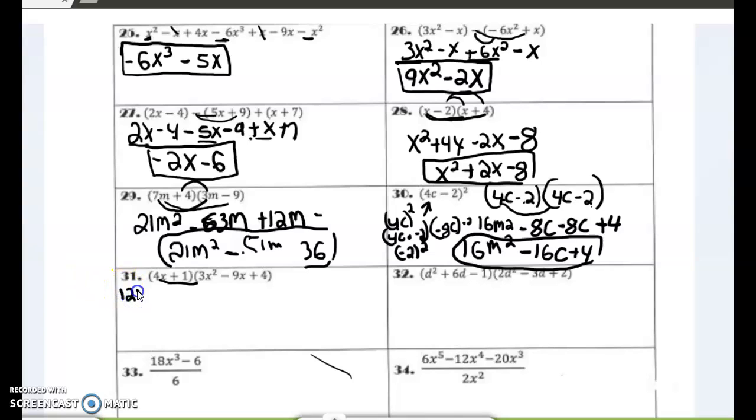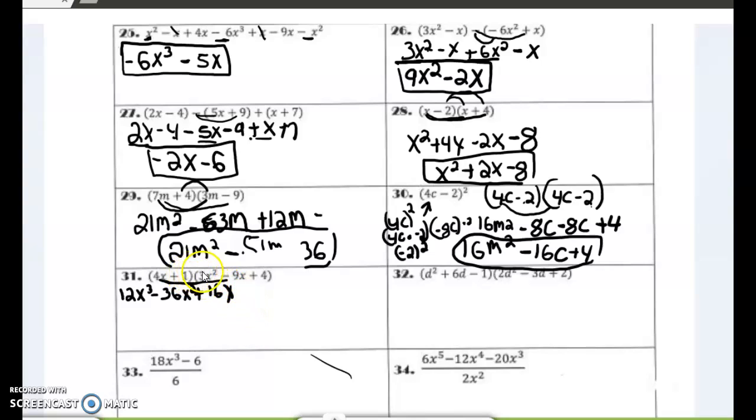So we got a 12x cubed, 4x times negative 9x would be a negative 36x squared, 4x times 4 would be a positive 16x. Go back here, that's squared, guys. Almost made a boo-boo.